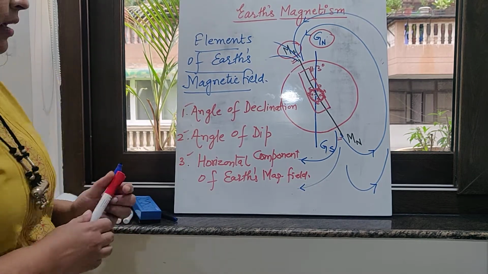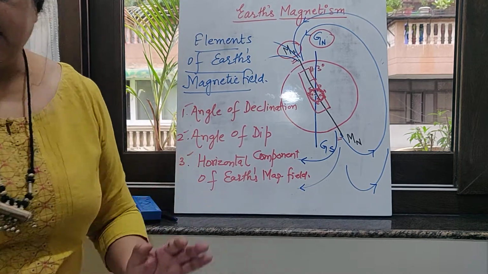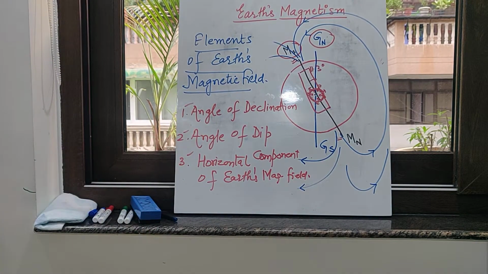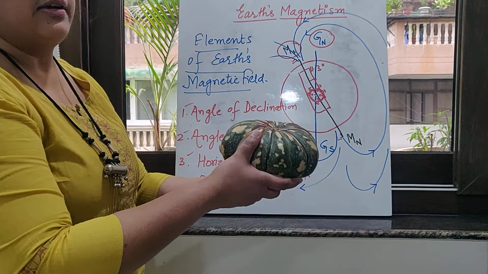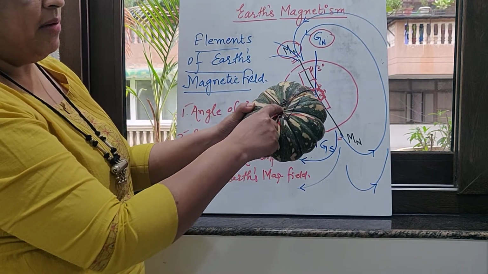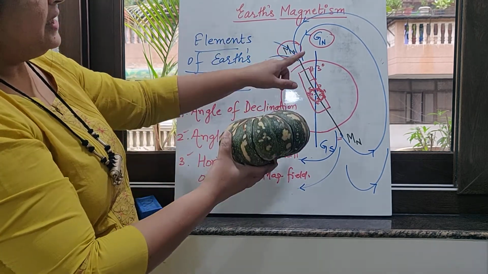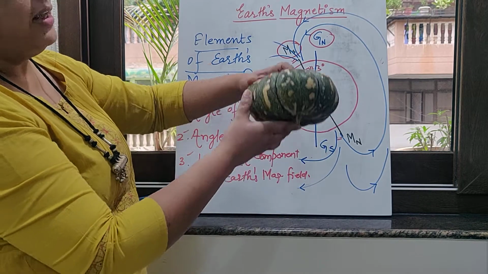Now, just to give you a view for this, assume that this is Earth, and further assume that this point, which is the center of this, and this point, they are representing the geographic north and geographic south.